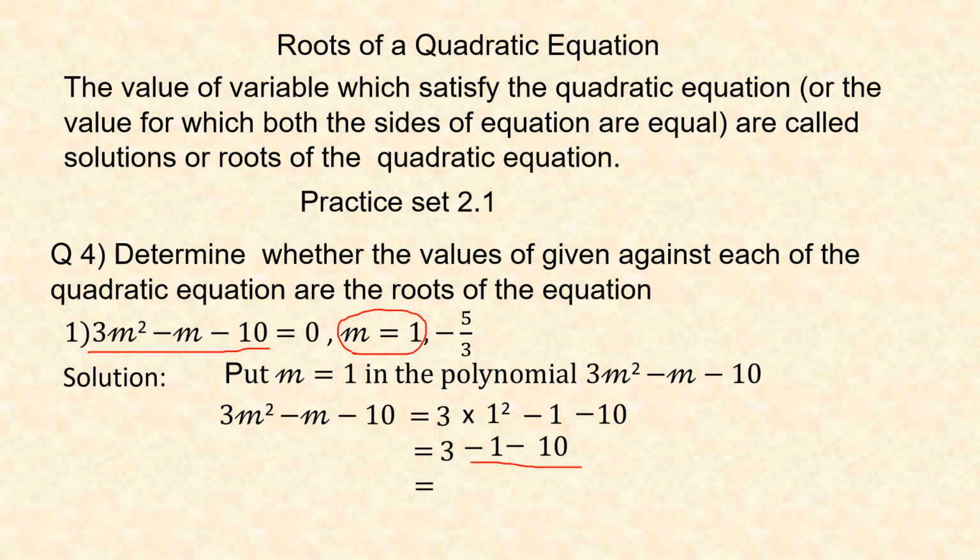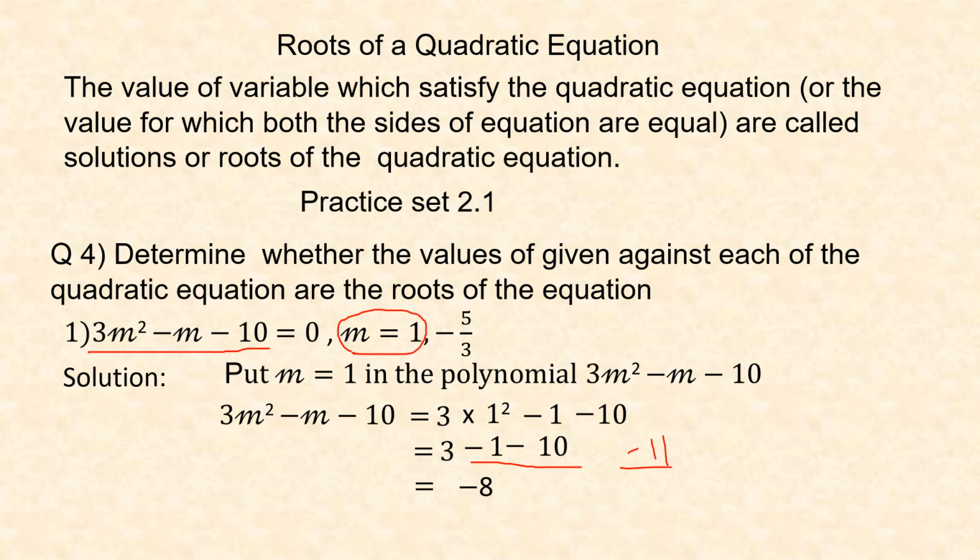Minus 11 plus 3. Here signs are different, therefore 11 minus 3 is 8, but 11 has minus sign, therefore the answer is minus 8.